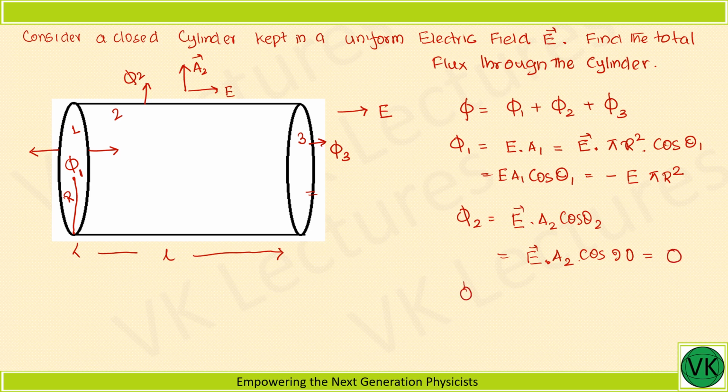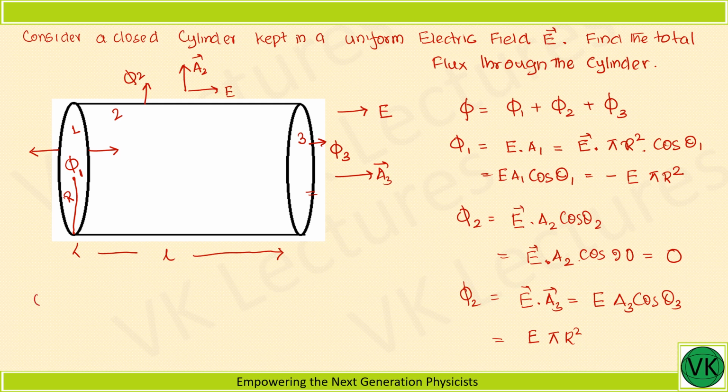Now coming to phi 3, E dot A3 equals E A3 cos theta 3. The area vector is along this direction, same as the electric field, so the angle between them is 0. So E into A3, that is pi R square.